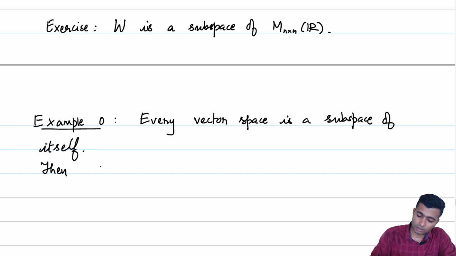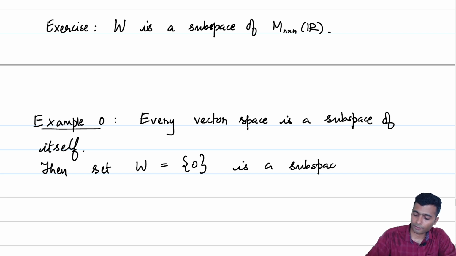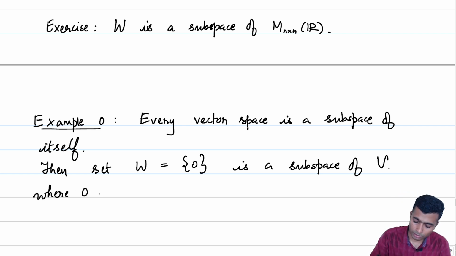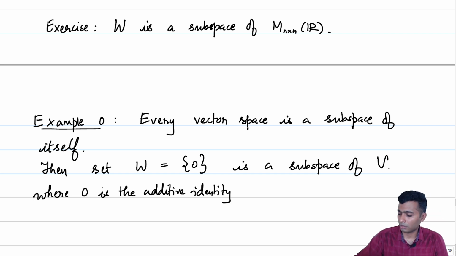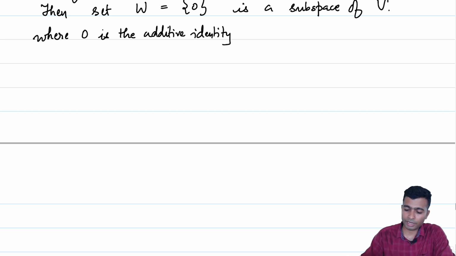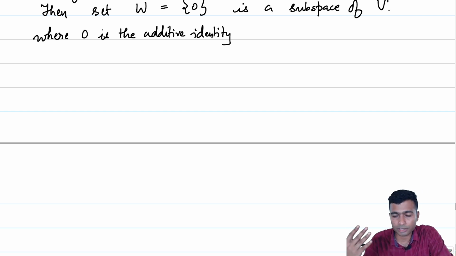The set W, the 0 vector space, is a subspace of V, where the 0 here is the 0 vector, the additive identity in capital V. The second one needs a careful observation because the 0 is being added to itself here, and because 0 is the additive identity, you get back 0, and hence this is the 0 vector space we had defined.